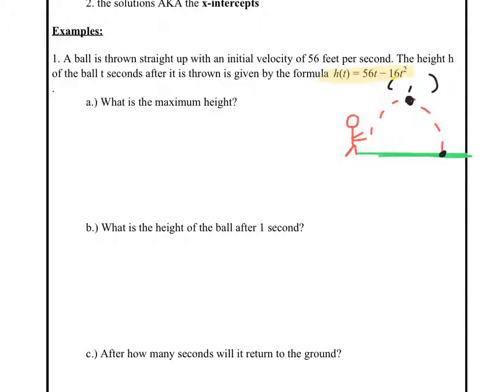Is A 56? No, A is negative 16. A is negative 16 because it's the number in front of the squared term. Okay, now what is B? B is 56, the one that has one variable and no exponent. What is C? C is 0.